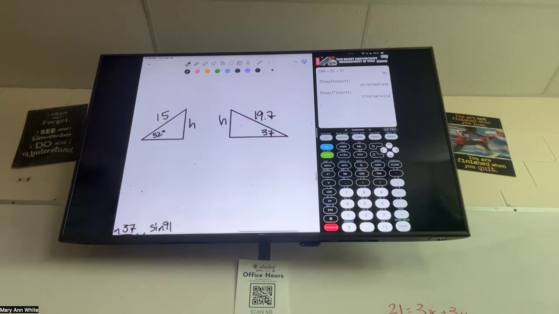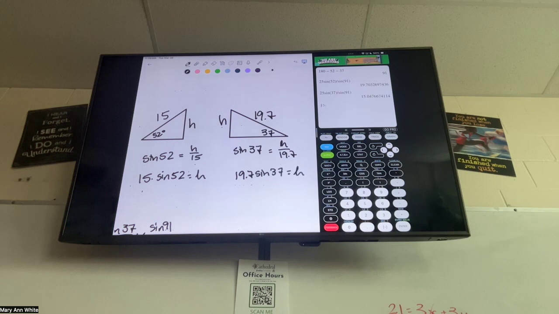So I'm going to argue either one, you should get the exact same answer. It does look like this one might round up a tiny bit, but I think they're close enough to the same that it doesn't really matter.